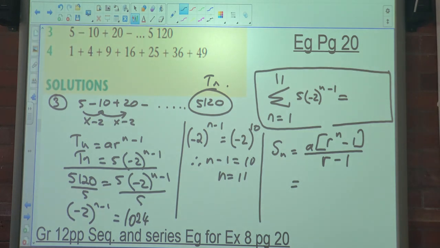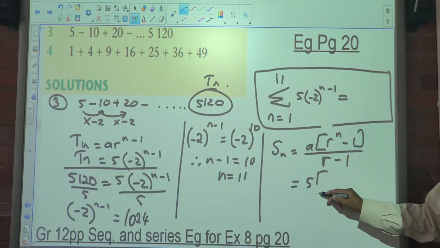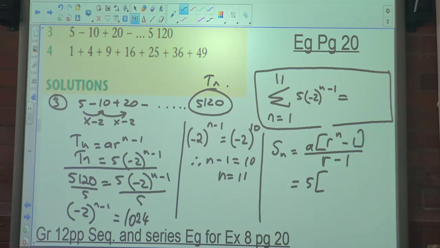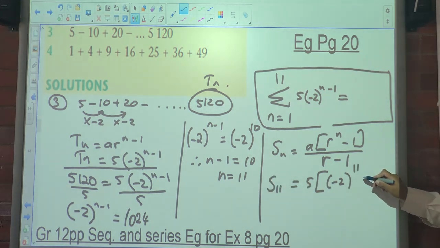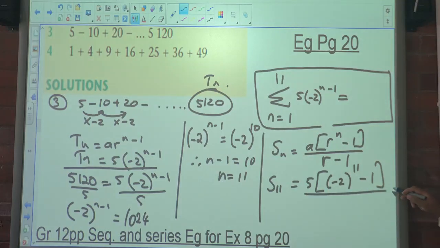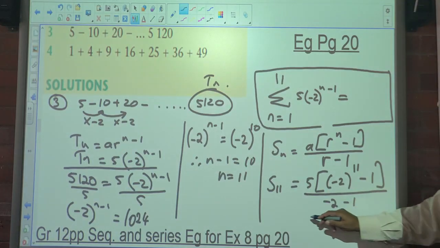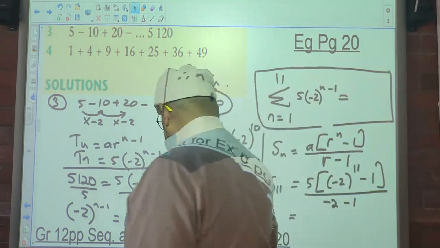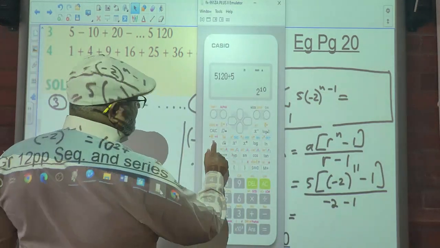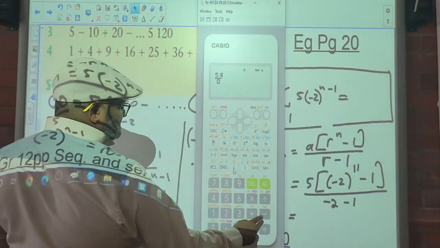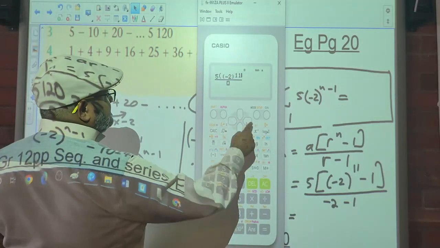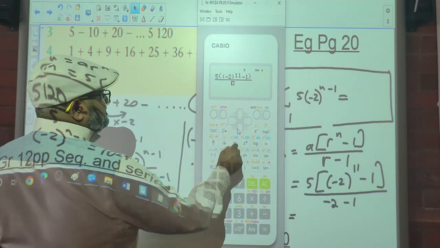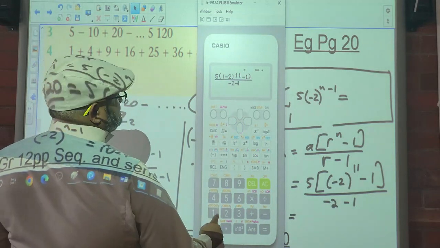Right, people, what's your A value? 5 into. What's your R value? Negative 2. How many terms are here? 11. Minus 1 over negative 2 minus 1. So this will simply be 5 open brackets, negative 2 to the exponent 11 minus 1, over negative 2 minus 1.